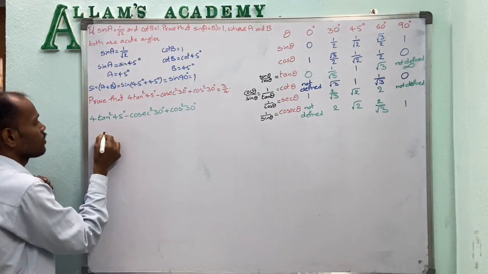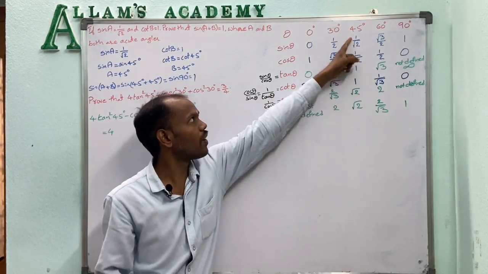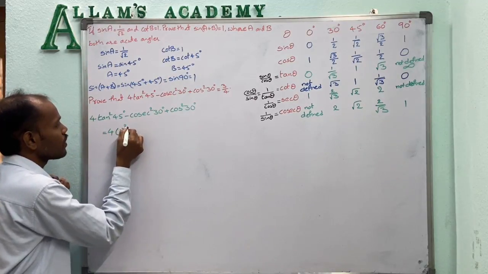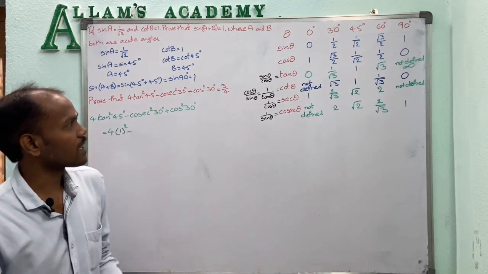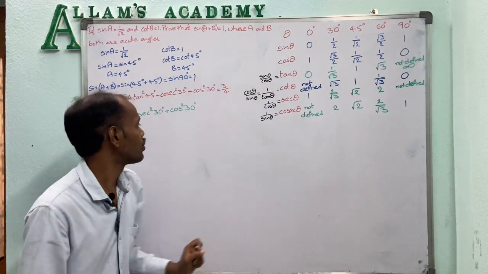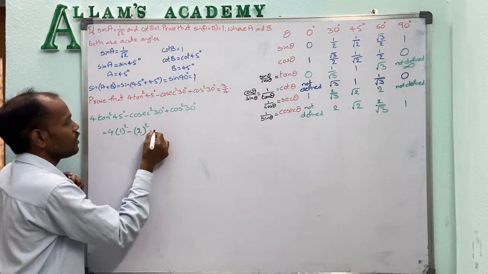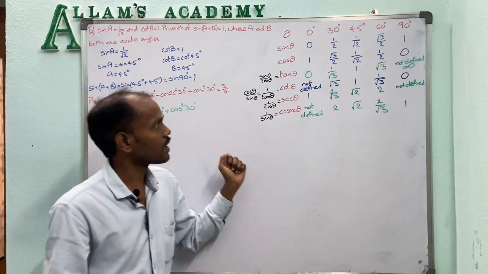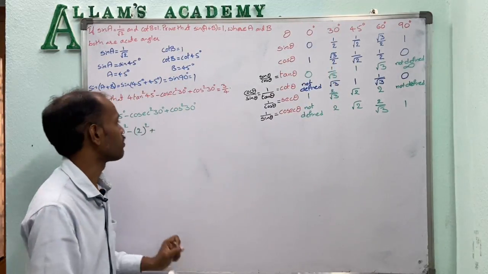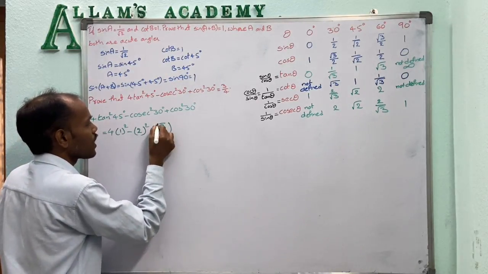Tan 45 is nothing but 1, so 1 whole square. Cosec 30 degrees is nothing but 2, so 2 whole square. Cos 30 degrees is nothing but root 3 by 2, so root 3 by 2 whole square.